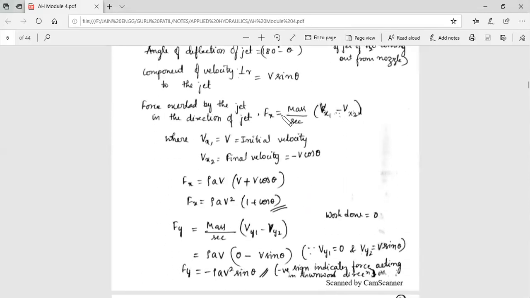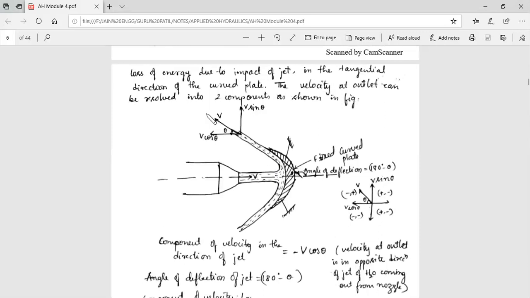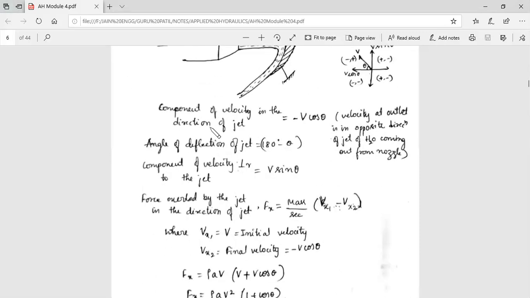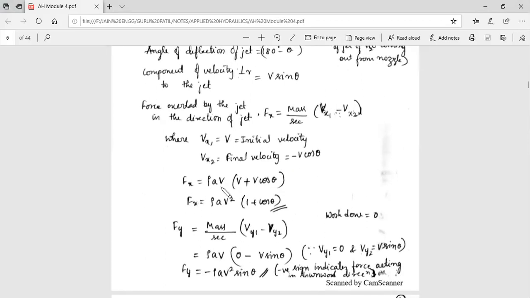Again, in the momentum equation we make use of mass per second into (Vx1 minus Vx2). Vx1 is nothing but the initial and Vx2 is the final velocity. But here the final velocity is inclined and moving with an angle theta. So both initial velocity and final velocity exist here. So Fx is equal to rho A V (V plus V cos theta).